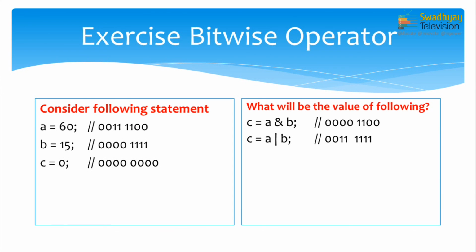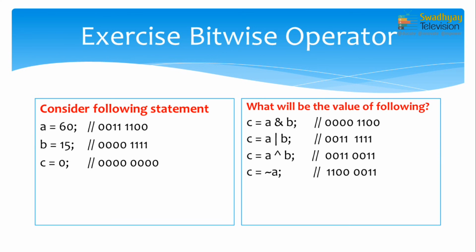Suppose I want to perform the OR operation. Anywhere we have 0 and 1 or 1 and 1, we will get 1, as shown on screen, and you can again verify this from the truth table that we have discussed. When we perform exclusive OR, if both digits are 1 or both digits are 0, then we have 0, otherwise we have 1.